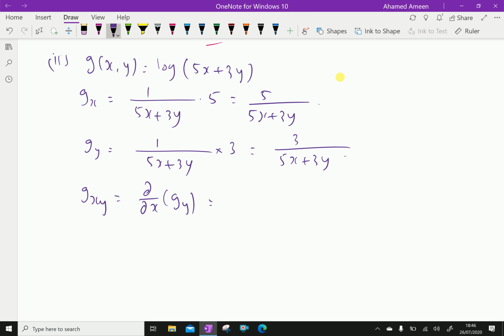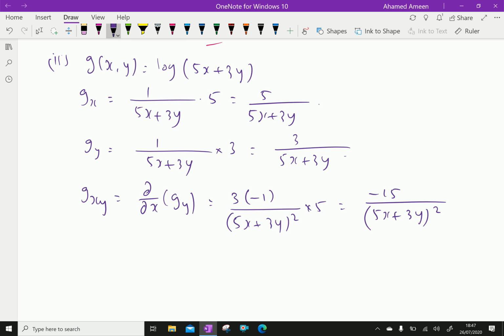Here g of y we have 3 over this one, and with respect to x we have to find, so 3 into minus 1 over 5x plus 3y the square, into the derivative of 5x, which is 5, which is finally equal to minus 15 over 5x plus 3y the square.